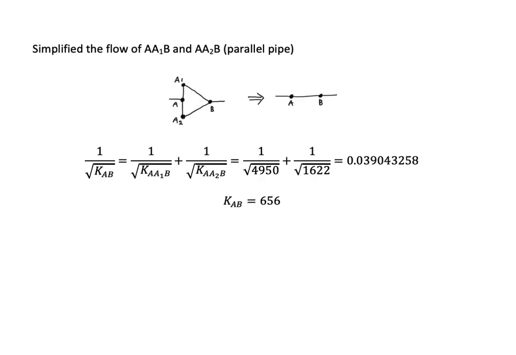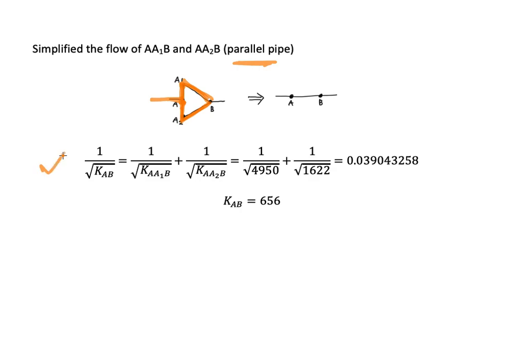Okay, first what we need to do is simplify the flow. For example, at this junction, we have the diagram where it splits into two and then merges back. In this situation, it is a parallel pipe. For parallel pipe, we can calculate the total losses by using this equation.